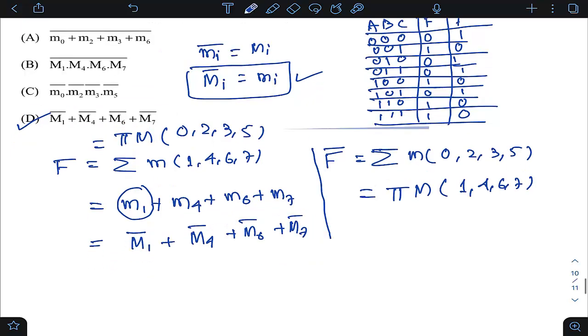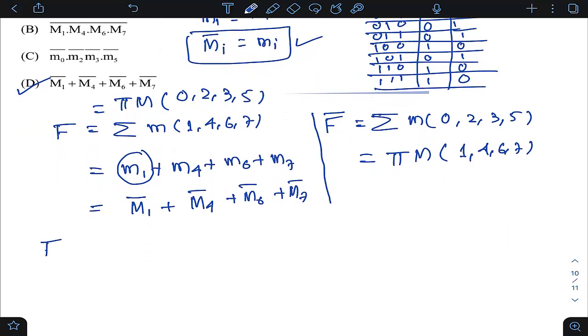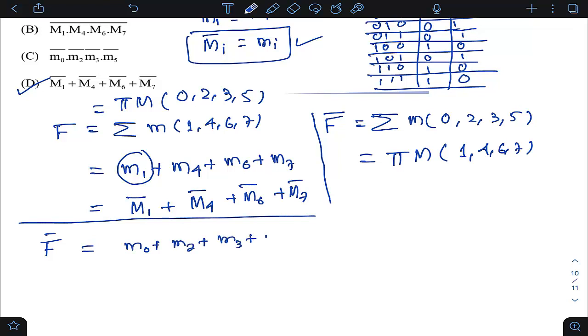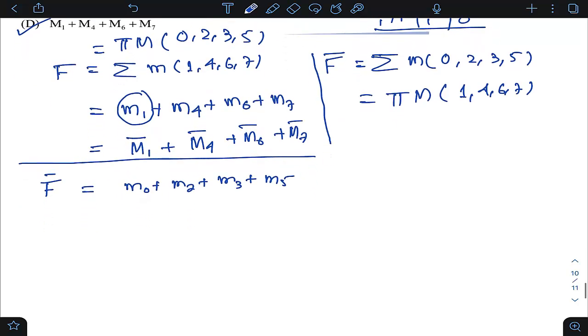Now, if I ask you to write f bar, f bar is min term 0 plus min term 2 plus min term 3 plus min term 5. So f bar is min terms 0, 2, 3, 5. There is nothing wrong if I say f is f bar bar, because if you have f bar and you take the complement one more time, you get f.